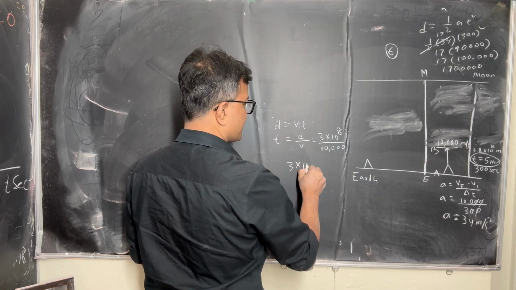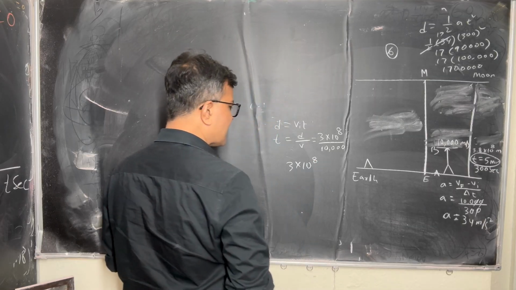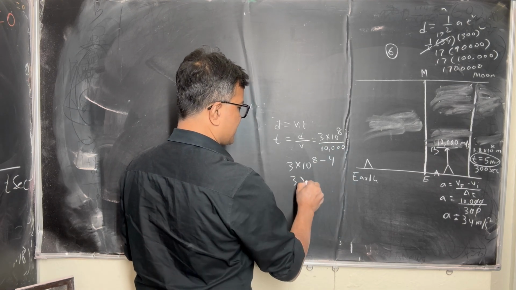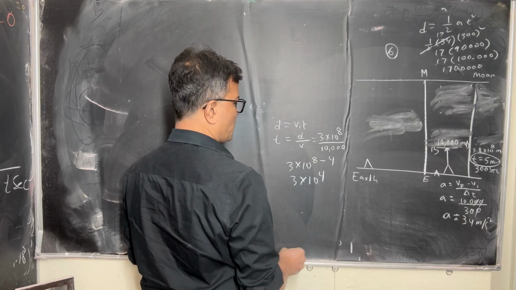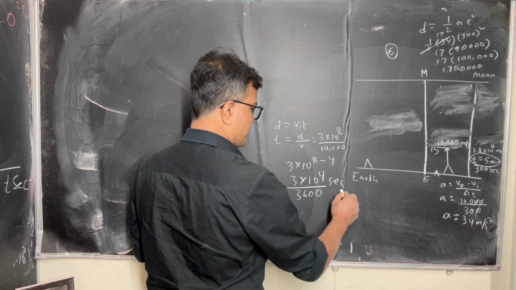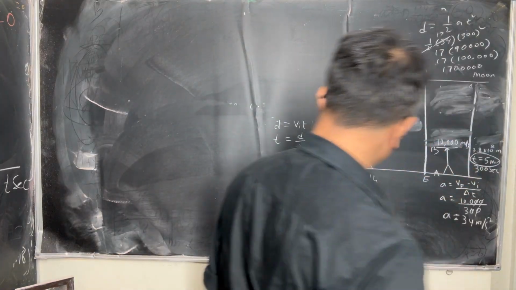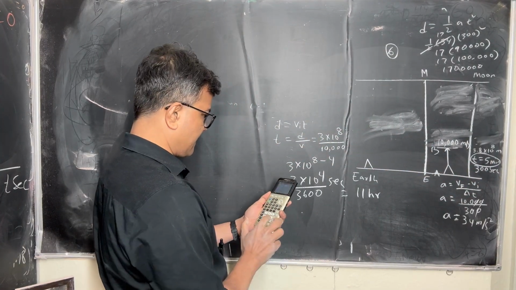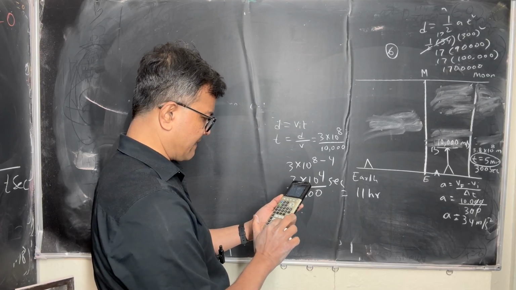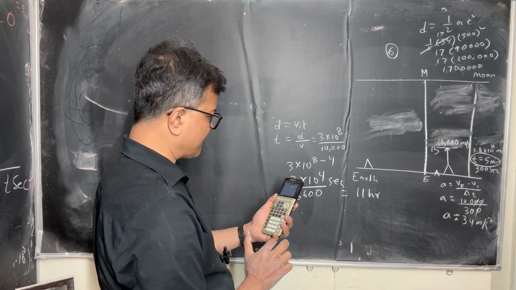So 3 times 10 raised to 4 seconds. Divide by 3600.